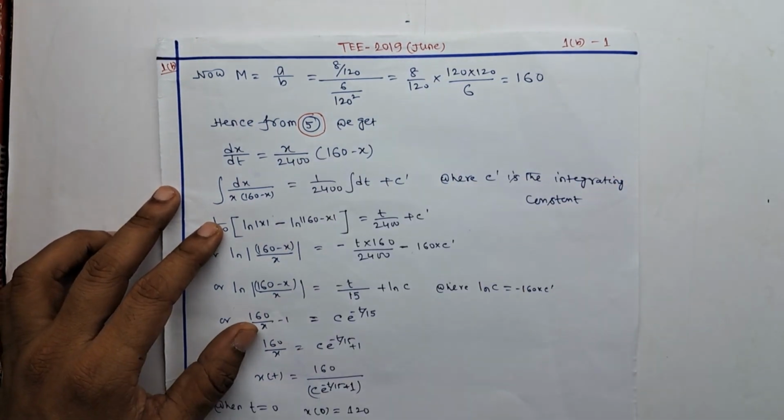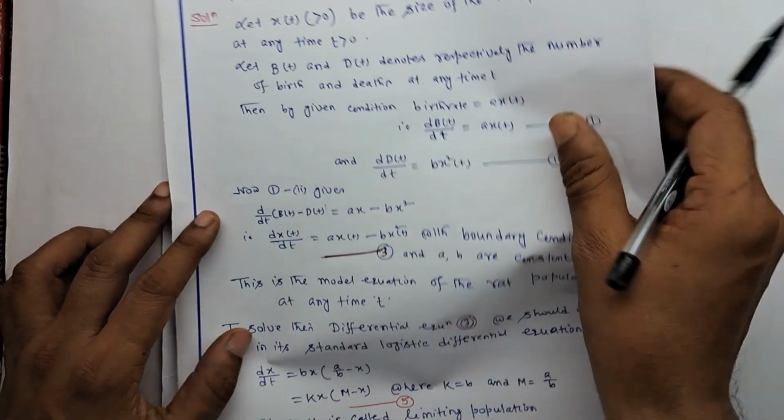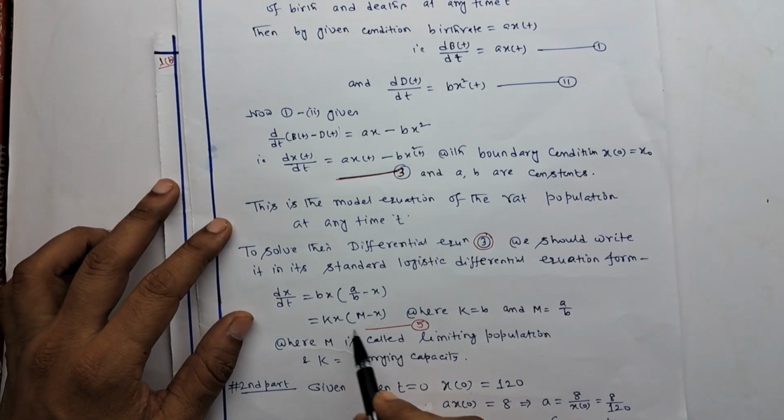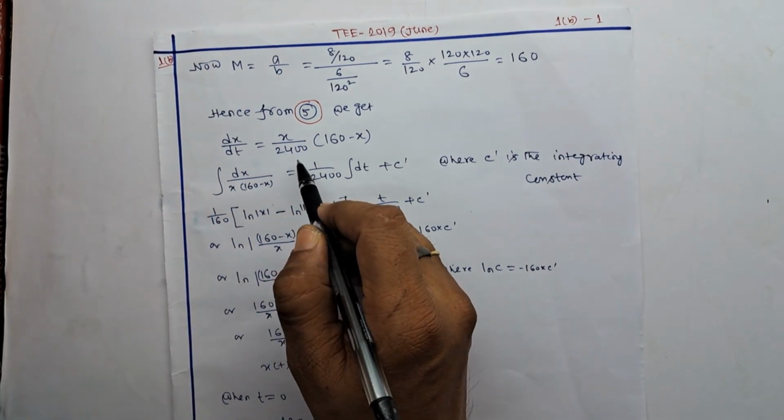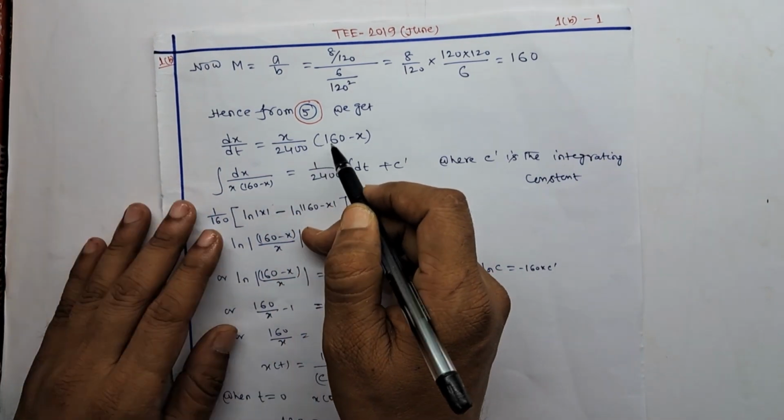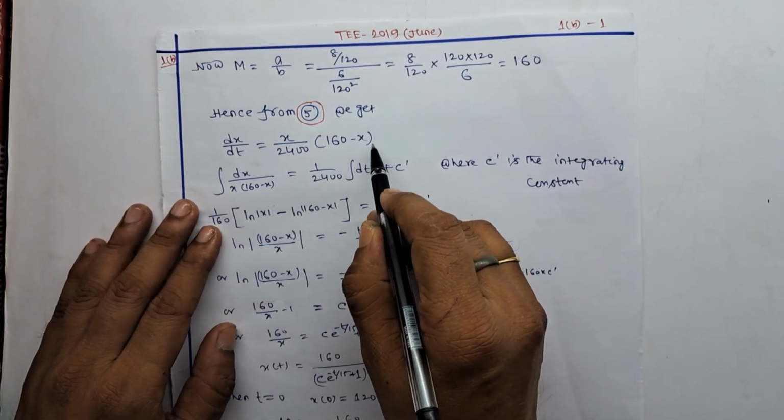Hence from 5, we will solve this equation 5. So dx by dt equals x by 2400 (160 minus x).